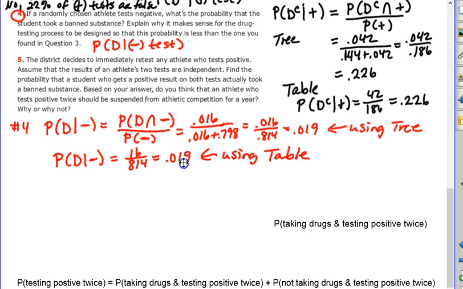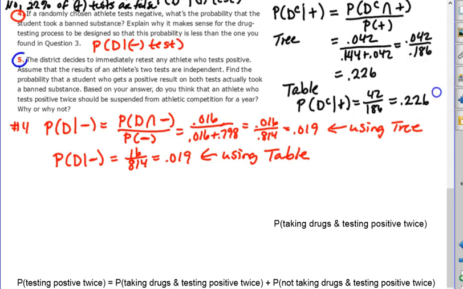So only about 2% of the time do we fail to detect someone who is taking drugs. So if you're trying to catch the ones who are actually doing it, you want this probability to be low. But you have to recognize the trade-off is that the probability of getting a false positive will be higher, and then you have to remember not to falsely accuse these false positives.